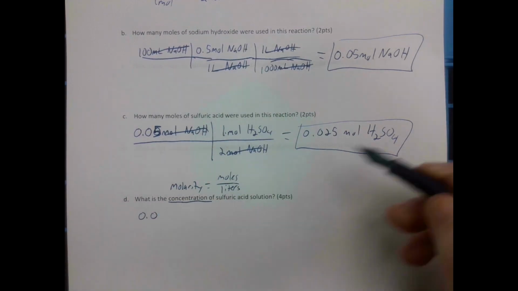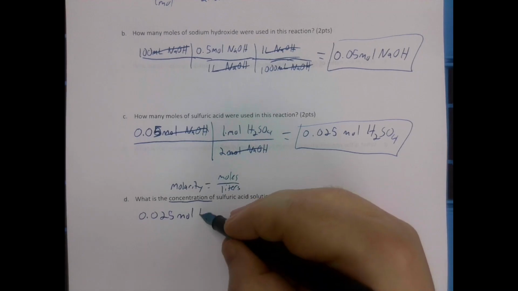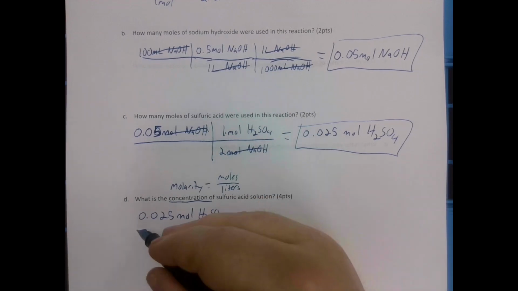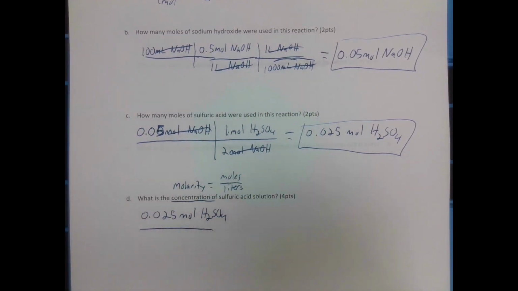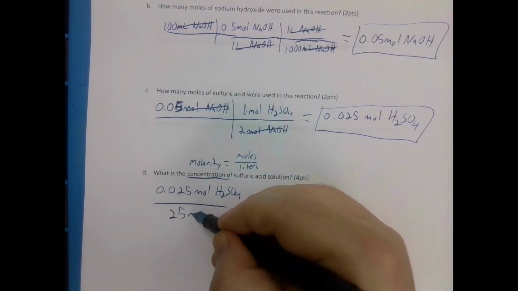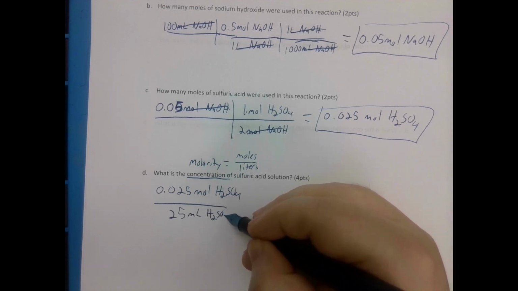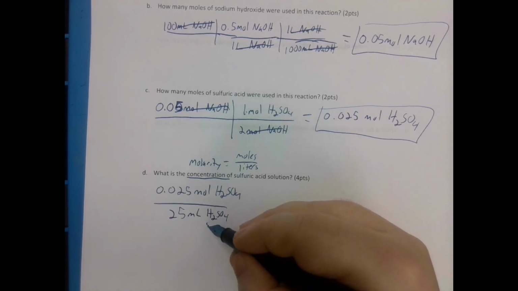So my number of moles is 0.025 mole of sulfuric acid, and my number of liters in the problem is 25 milliliters of solution. I've been putting just H2SO4, but that's the solution.